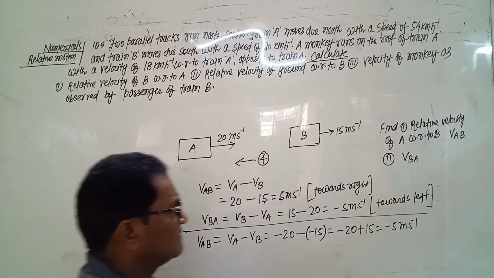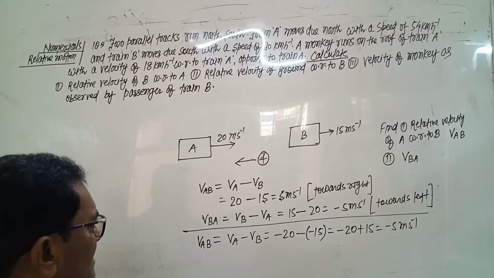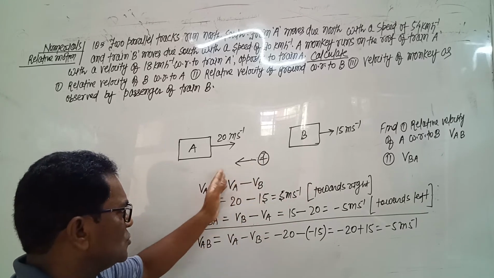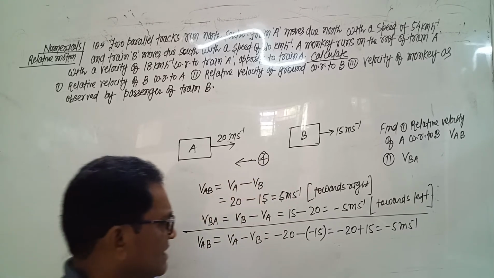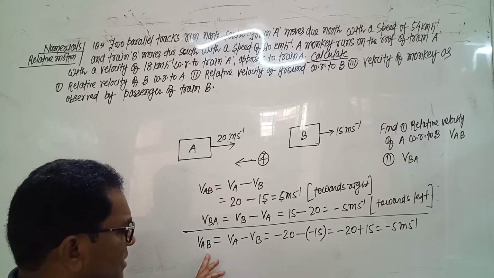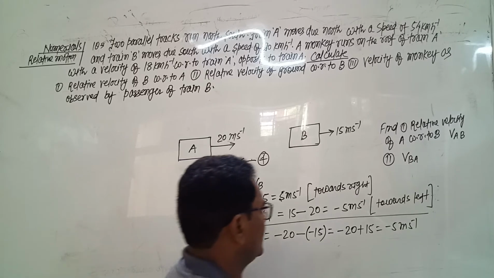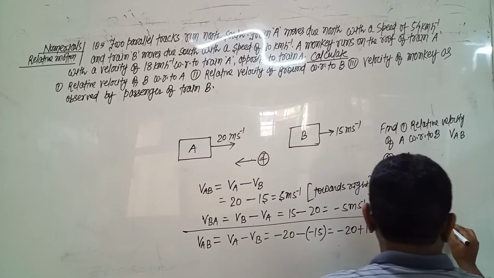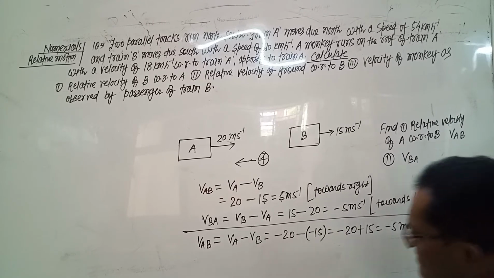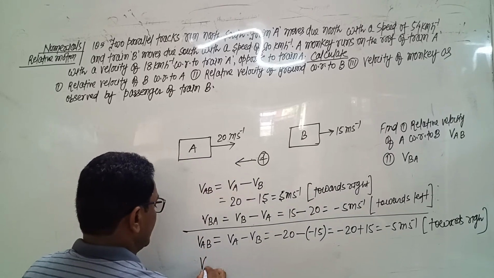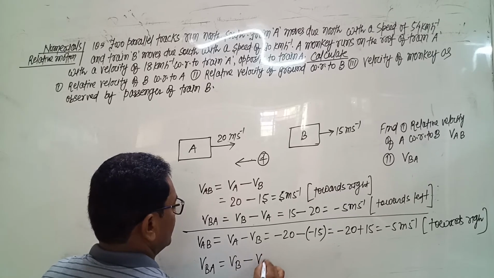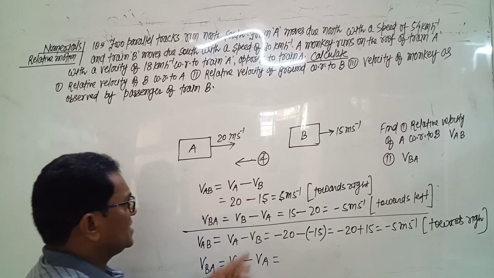So the minus sign shows that the direction is towards right, because we have assumed towards left, and this minus sign shows that the direction of the relative velocity of A with respect to B is towards right. Now VBA equals VB minus VA.